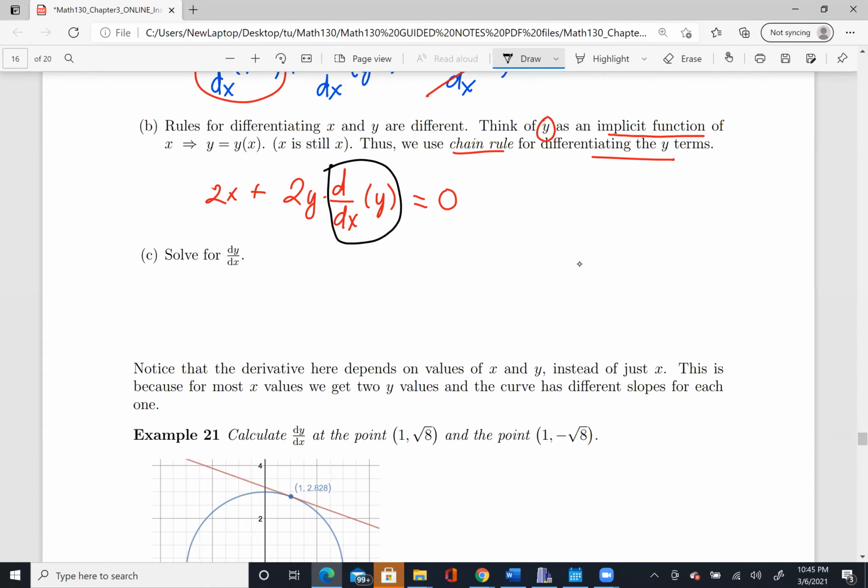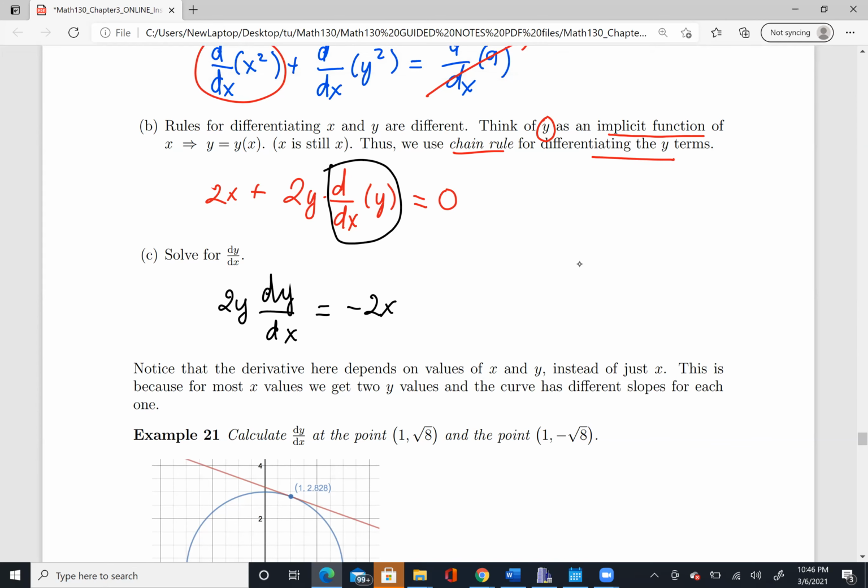So we have 2y dy dx equal to minus 2x. And then lastly, you divide both sides by 2y. You have dy dx equal to negative 2x over 2y, which will be equal to negative x over y.